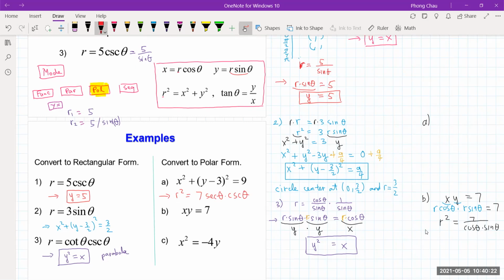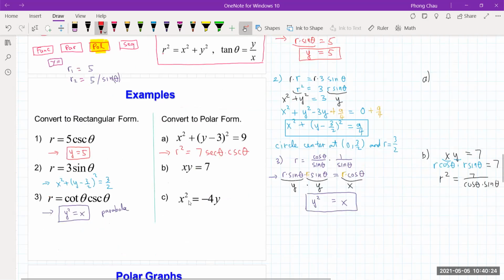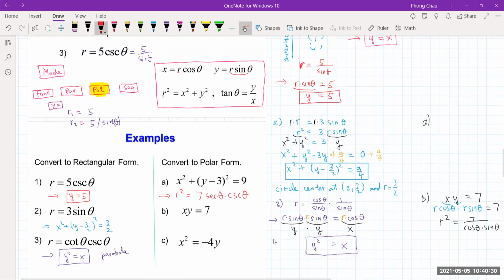Same thing for C. You see that for C, you just replace x with r cosine and y with r sine. It's pretty straightforward. X squared equal negative 4y, and x again is r cosine.